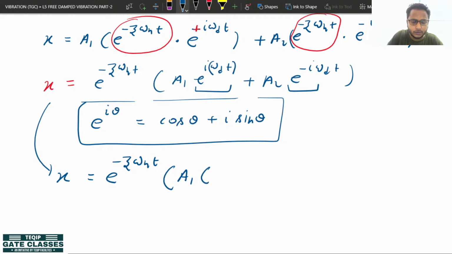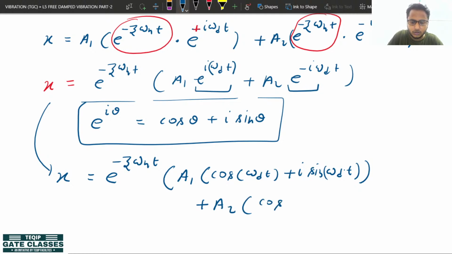So writing down the cos omega d into t, right, plus i sin omega d into t, right, plus a2 cos minus omega d.